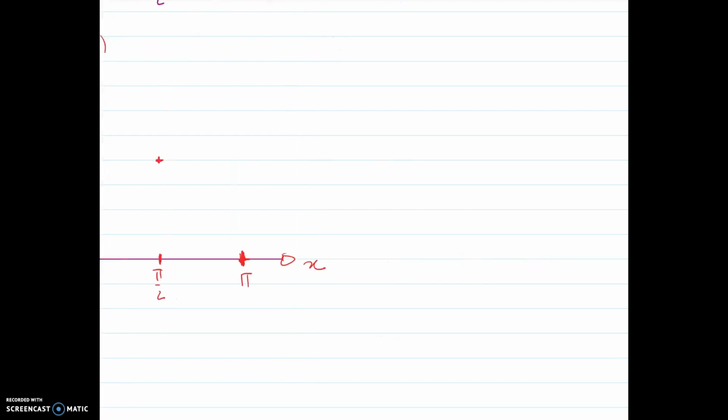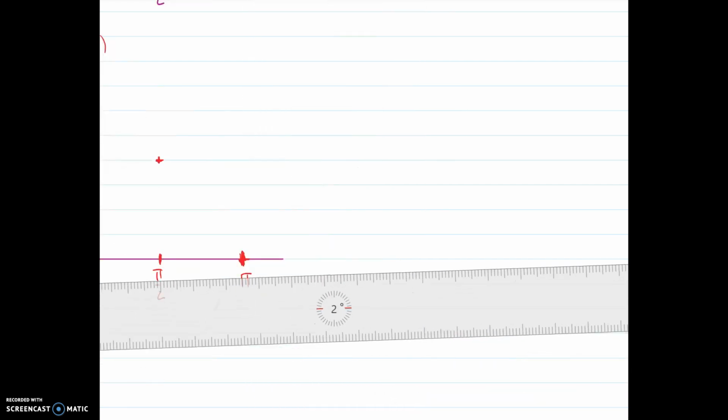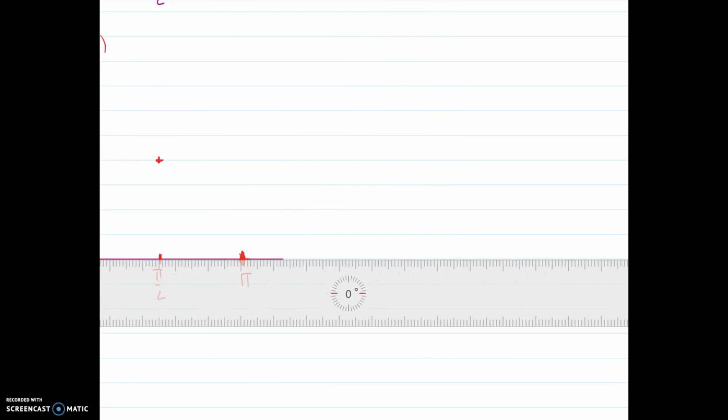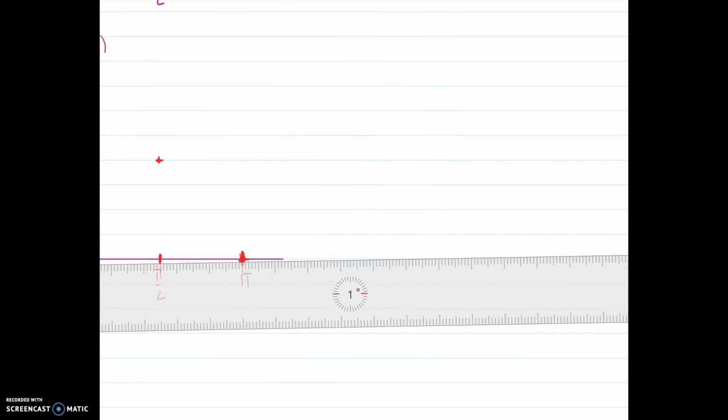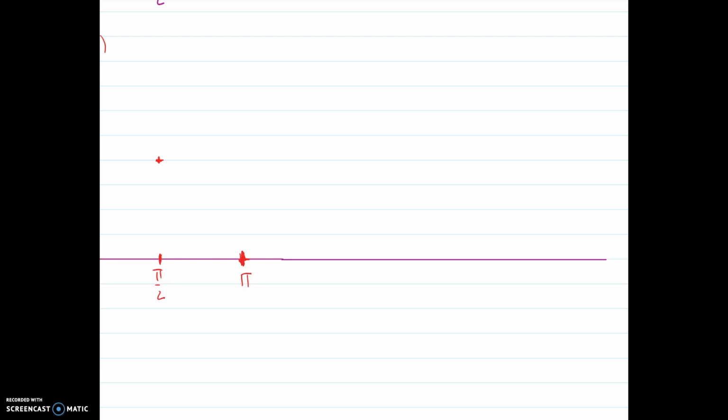So now it's pretty simple to imagine. I'm going to use my ruler again, make it bigger. And now, if I go to 3 pi over 2, it's going to be minus 1.